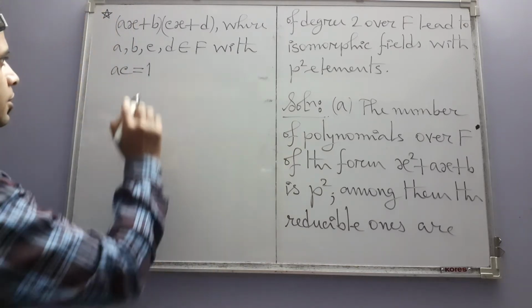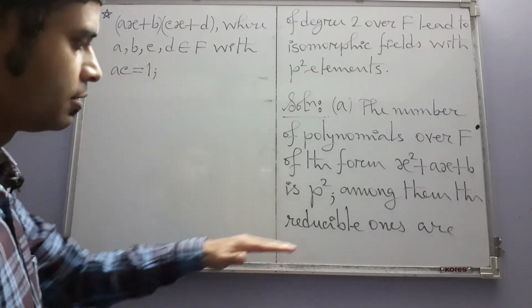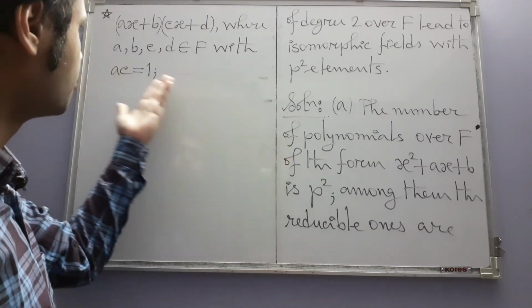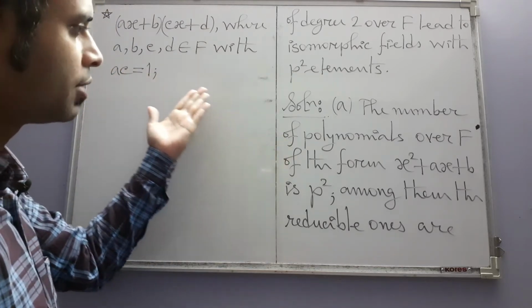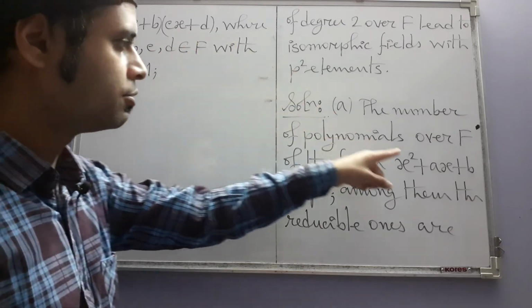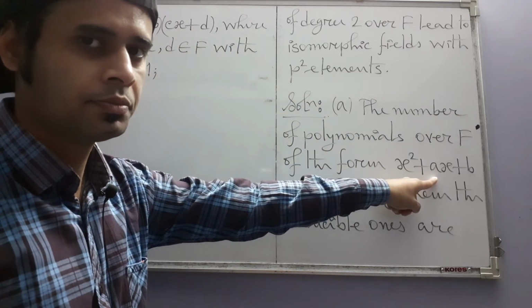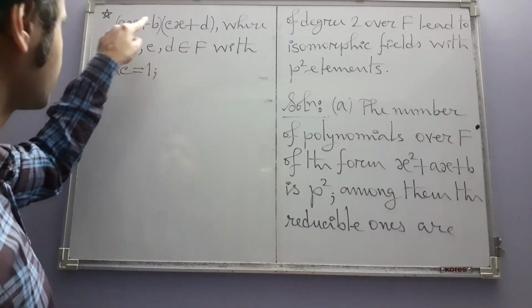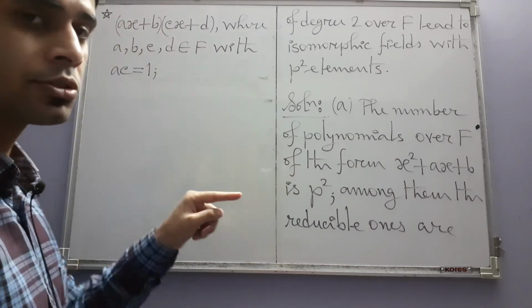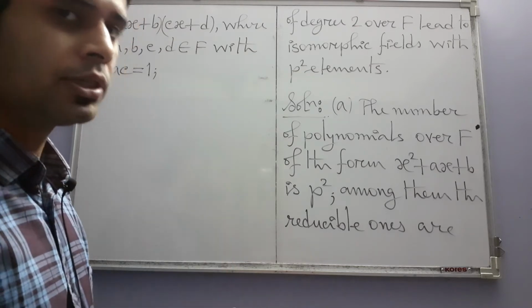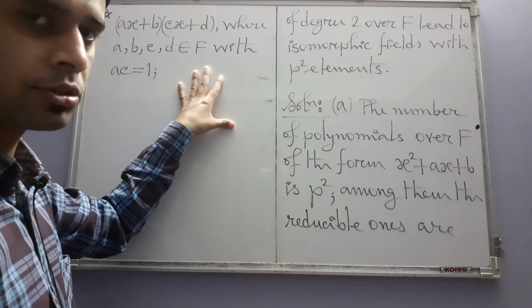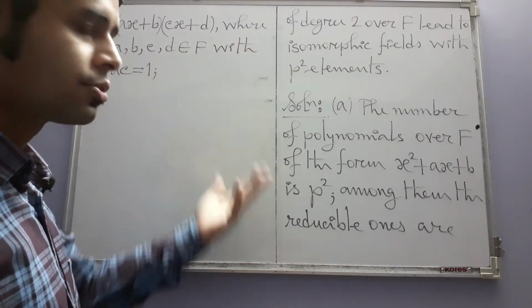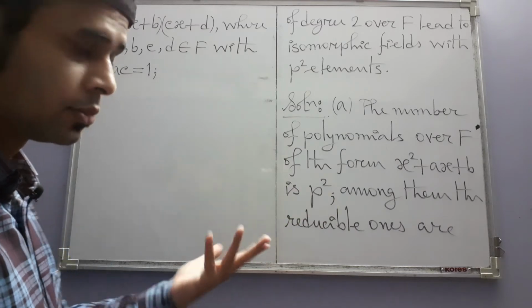Fine. Note that we have to consider this because it is possible, once you have ac equal to 1, for this polynomial to be equal to this. That is why we cannot just simply consider here also the coefficients of x to be 1, but actually we can do that. Now we are going to show that considering these polynomials is as good as considering this type of polynomials.